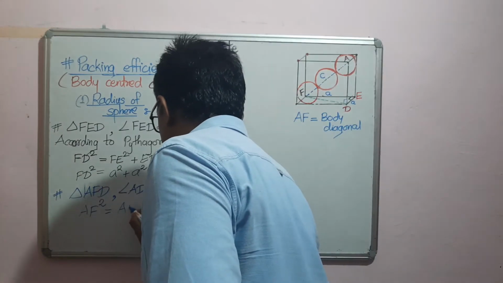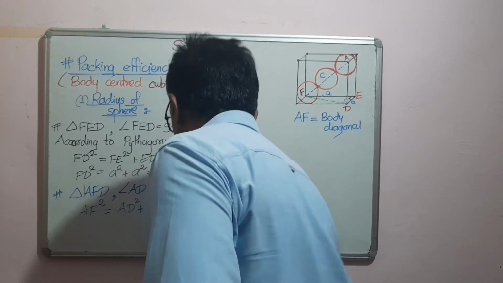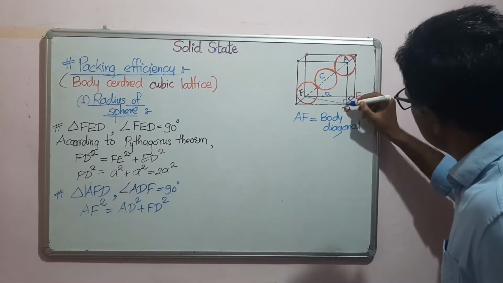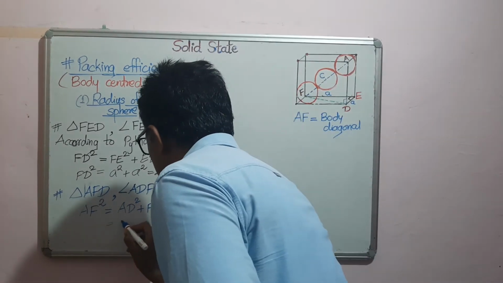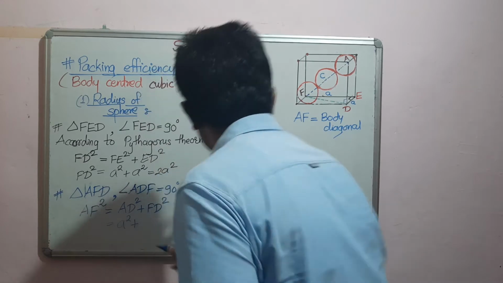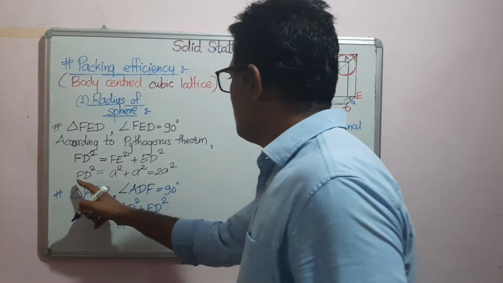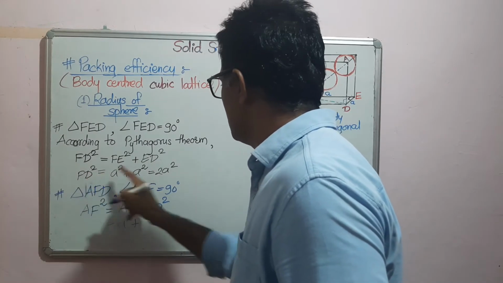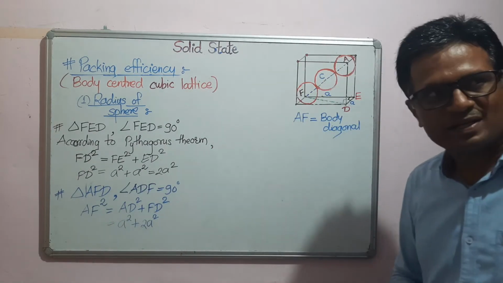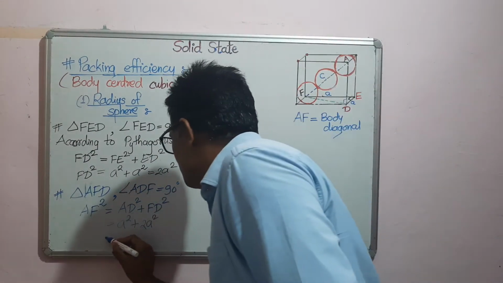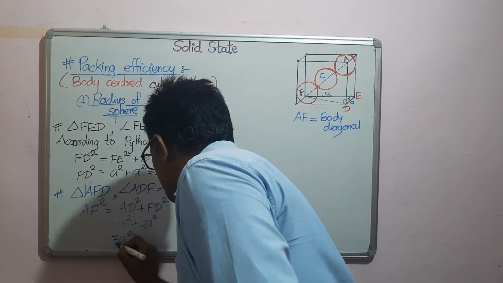AD is the edge length of the cube, and that is a. So it will become a square plus FD square. Already we have calculated FD square in the first case. FD square is 2a square. So it will become 3a square.